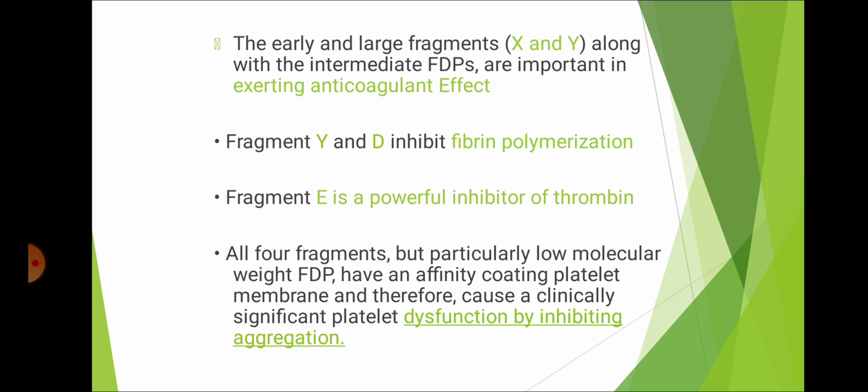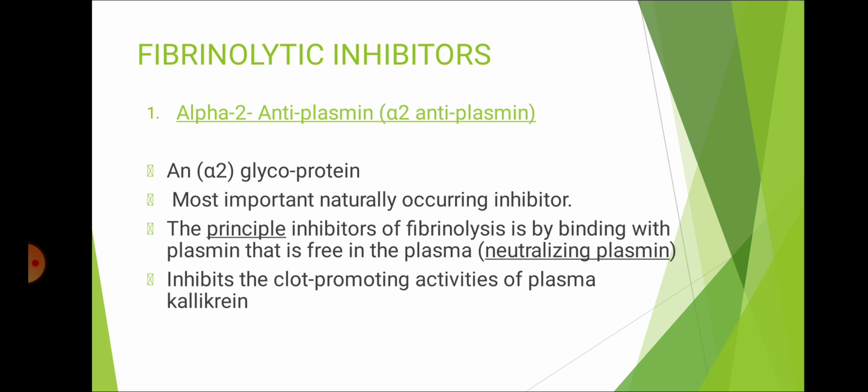Fragments Y and D inhibit fibrin polymerization. Fragment E is a powerful inhibitor of thrombin. All four fragments, but particularly low molecular weight fibrin degradation products, have affinity for the platelet membrane and therefore cause a clinically significant platelet dysfunction by inhibiting aggregation.